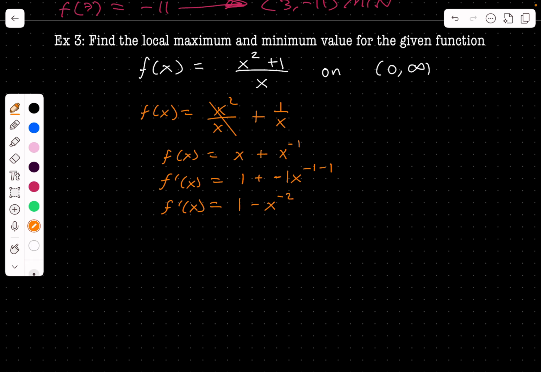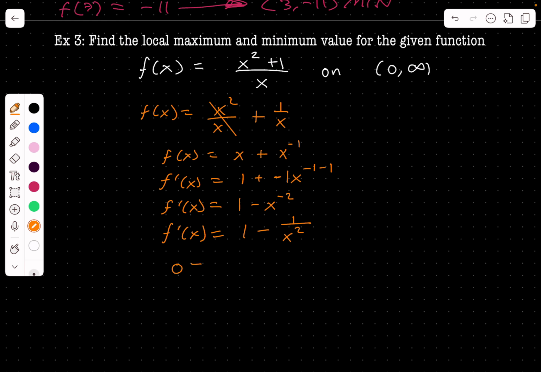Now, this is technically in bad form, so I'm going to put the negative exponent in the denominator so that it's positive now that we're done taking the derivative, and then I'm going to set it equal to 0. So f prime of x equals 1 minus 1 over x squared.